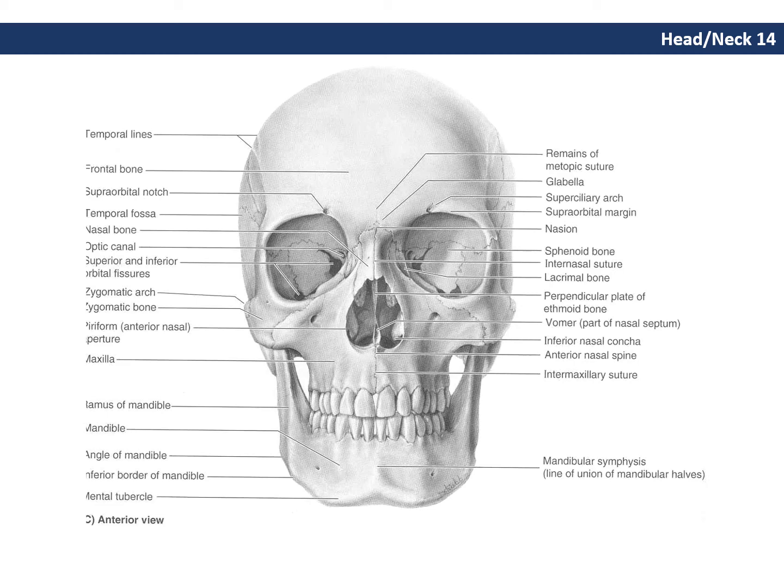That gives us now the opportunity to talk about the teeth. There are two sets of teeth. You have your baby teeth, which are deciduous teeth, and then we have those permanent teeth. Notice that those teeth are inside the maxilla and inside the mandible, forming the upper and lower teeth.